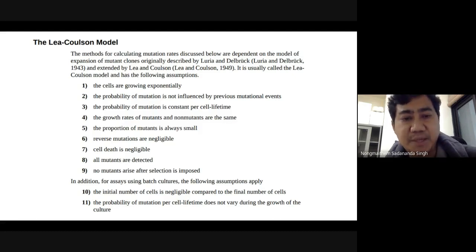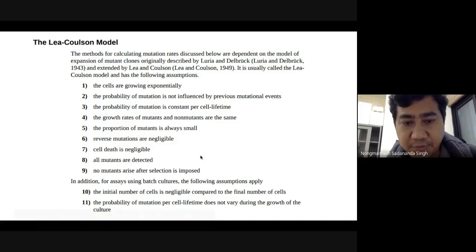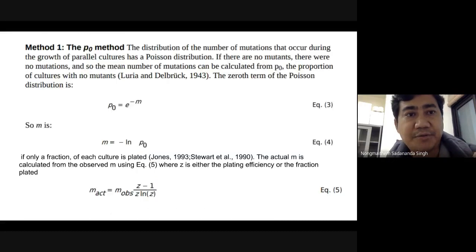There are many assumptions, and depending on the timing of the mutations, the model also changes. But these assumptions are equally applied when you are using the fluctuation test. One of the methods to calculate the mutation number is called the P0 method.